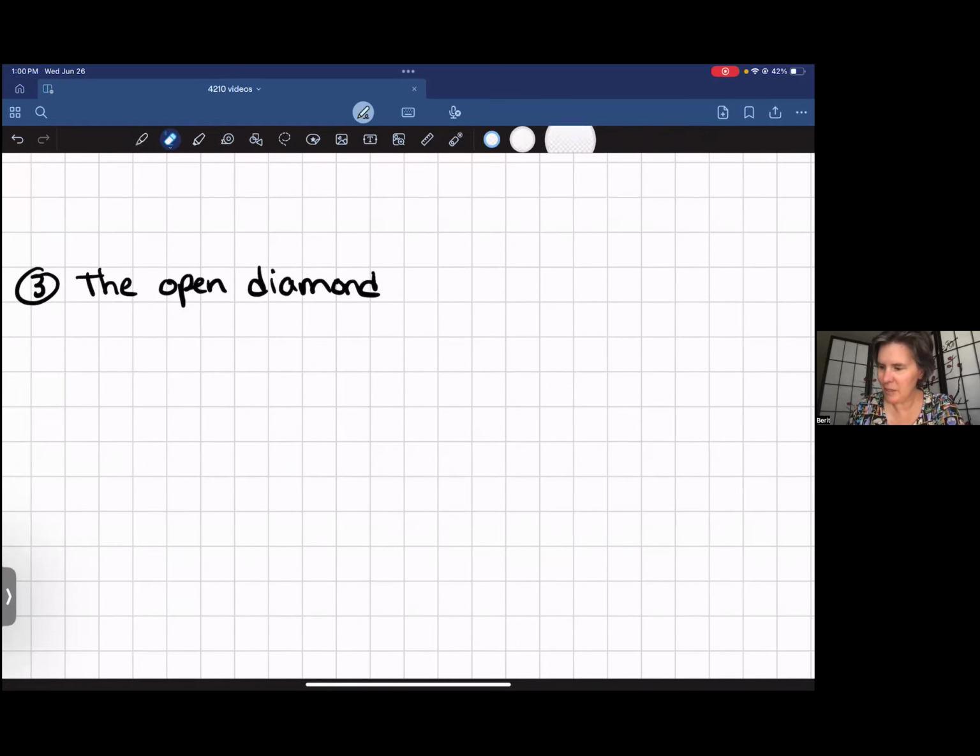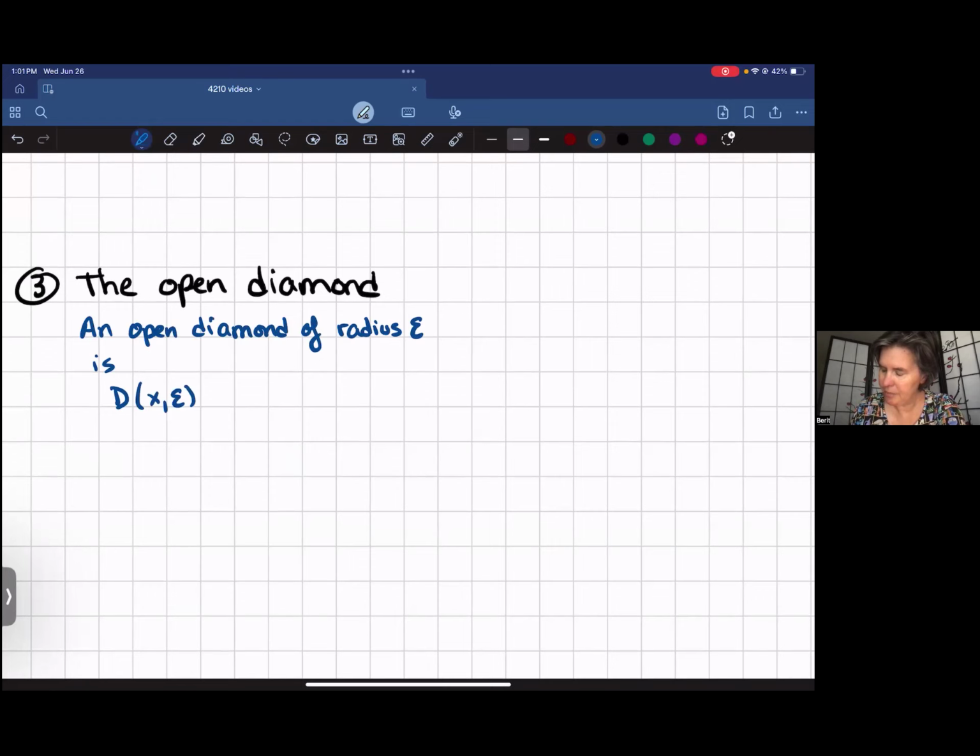So an open diamond of radius epsilon is, d x epsilon.